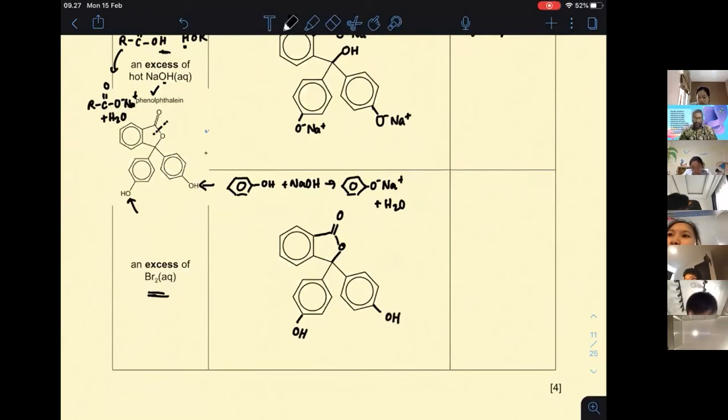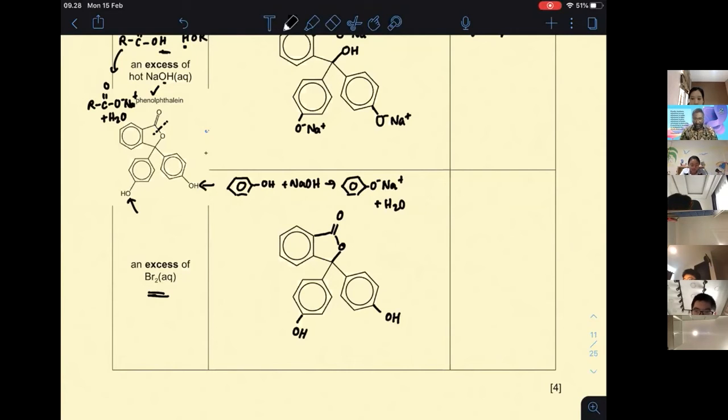Now, when we want to think about benzene reacting with Br2, the Br2 should not enter the ring, because there is no halogen carrier. But do remember, this is phenol. Phenol will increase the electron density, so the electrophile of Br will be able to attach to the benzene.